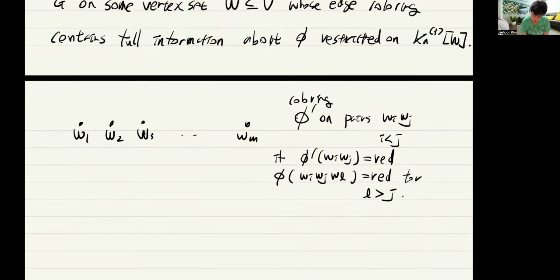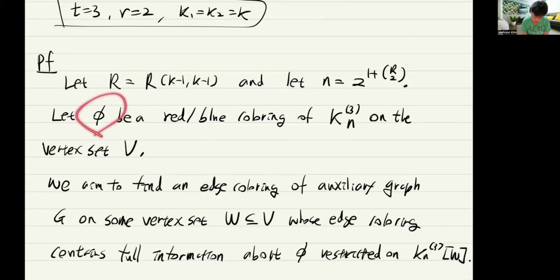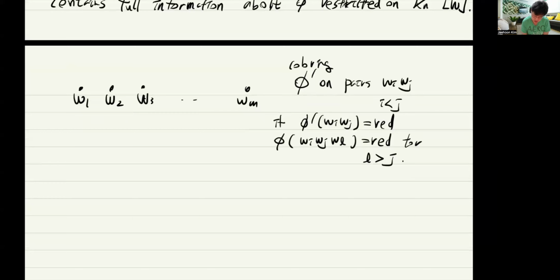So recall that this one is hyperedge coloring, where all triples are colored, and this one is graph coloring, where pairs are colored. That's our goal. We want to find a coloring such that if this is red, then this is red.